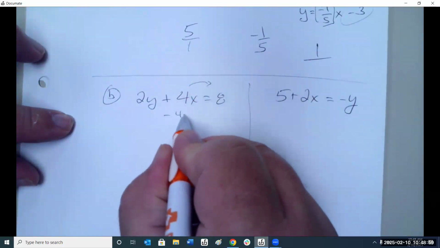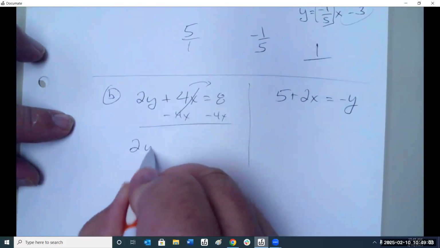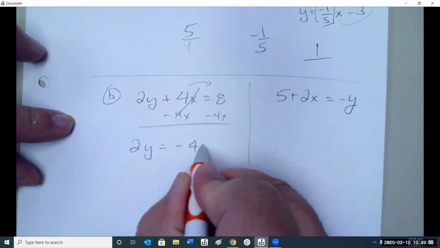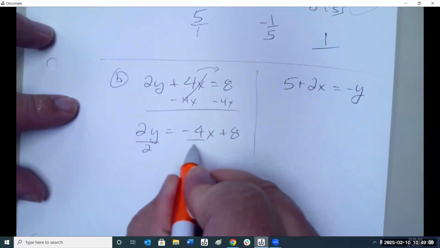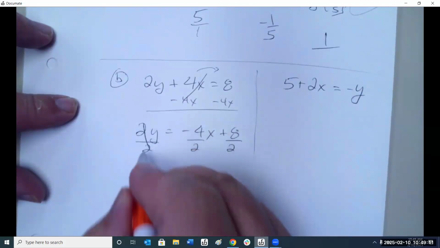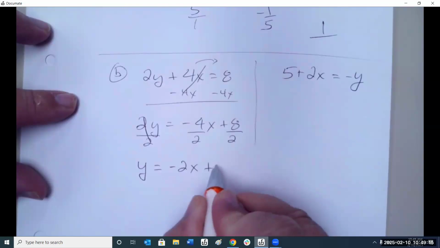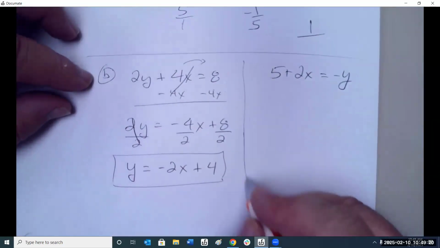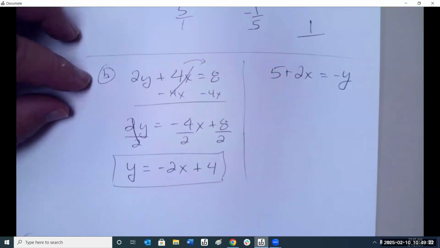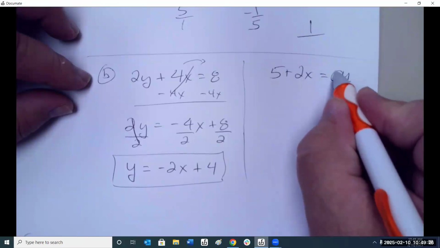So subtract 4x from both sides because we're solving for y. So it's 2y equals -4x plus 8. Divide by 2: y equals -2x plus 4. Here's the first equation. And the second one, you have y by itself, you just have to get rid of the negative.